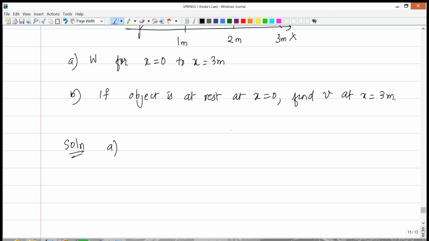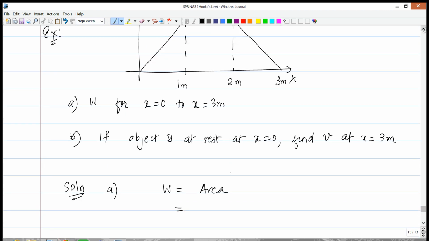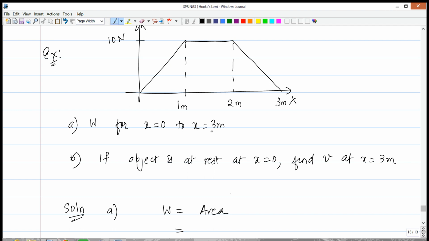So part A, to find the work done, we will find the area, and the area for a trapezoid. There are two things you can do. One is find the area for a trapezoid using the equation that the area is equal to half of the sum of the parallel sides multiplied by the distance between the two. Or you can break it up into two triangles and a rectangle and figure out the area. Anything you do is fine.